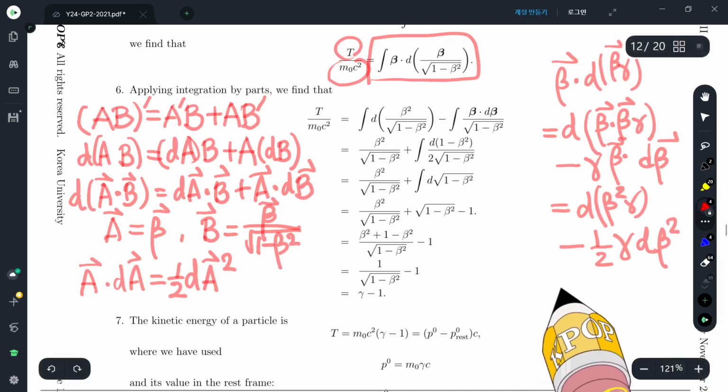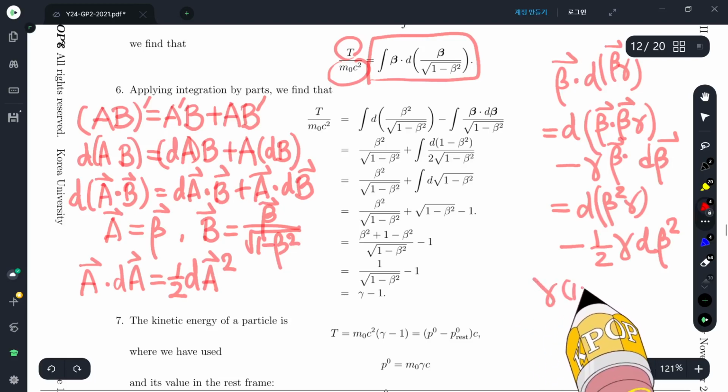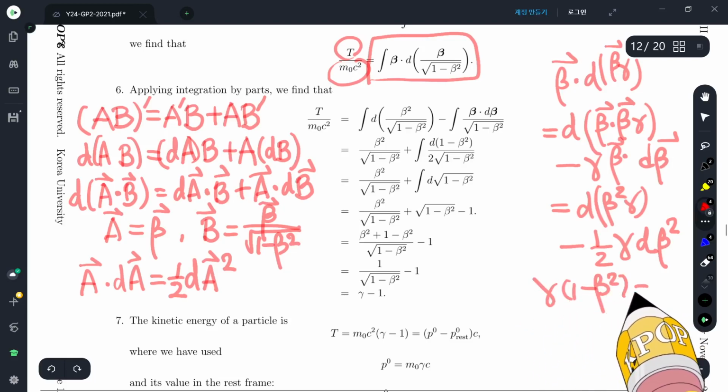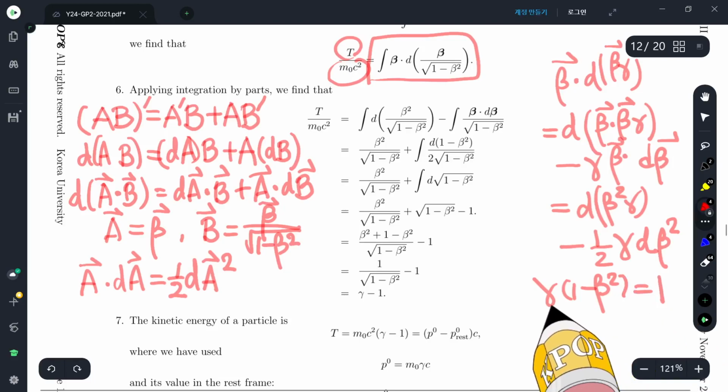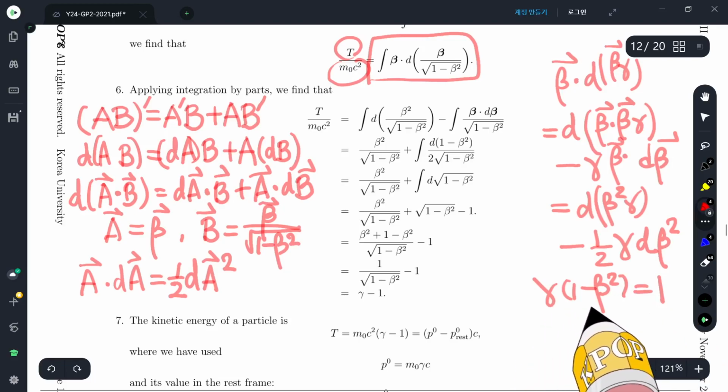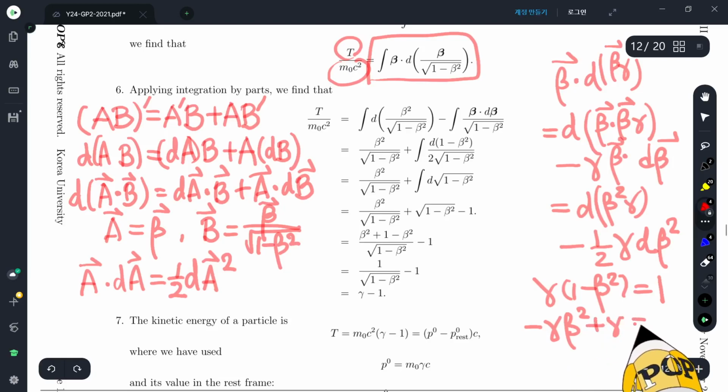Again, what we know is gamma times 1 minus beta squared is 1. So what's that? This beta squared dependence: gamma beta squared minus gamma beta squared plus gamma equals 1, right?